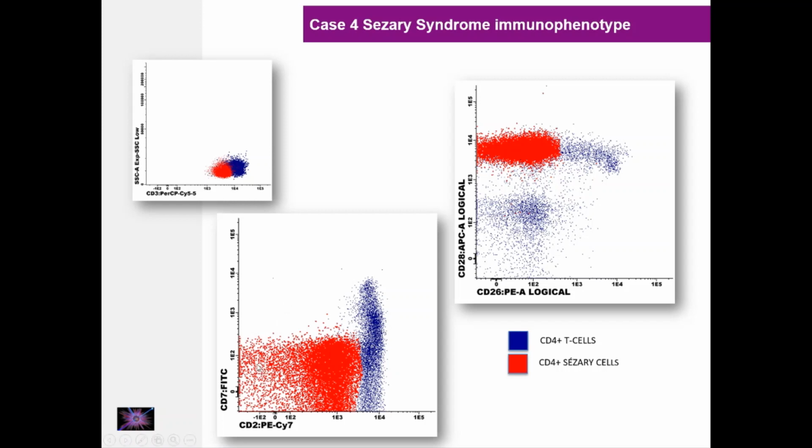And looking at two other pan-T cell markers like CD7 and CD2, this is important because in many reactive expansions, the T cells might lose CD7, but they will maintain the CD2 expression. But in this case, as you can see, they lost the CD7, but the CD2 is decreased, and some of the cells do not express CD2 at all. So this confirmed our suspicion of this Sézary syndrome, along with the clinical features.